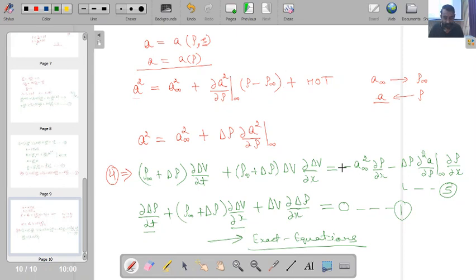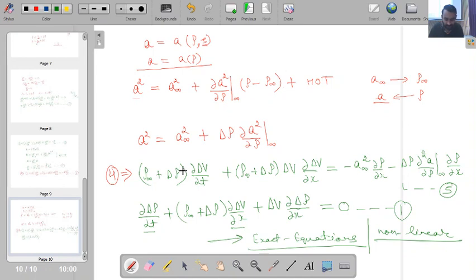Okay, but the difficulty with these two equations is, are they linear or non-linear? These two equations are non-linear. Why non-linear?